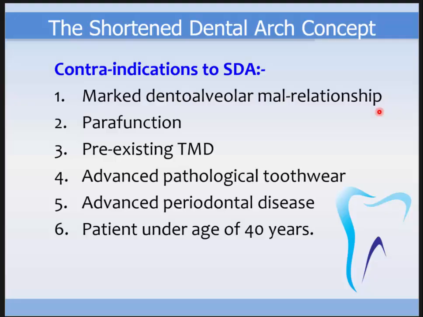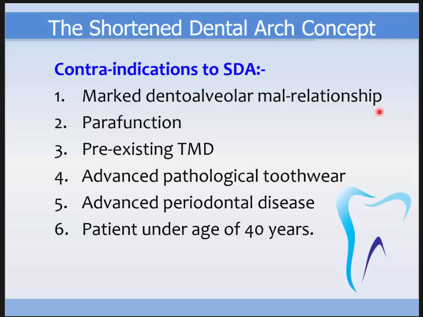Then patients with parafunction, like grinding at night, because this will cause severe tooth surface loss. Then a patient with a pre-existing TMD problem. If you don't have posterior teeth to provide good occlusal contact, the patient might slide their jaw forward to get better contact, and this may promote more TMD problems.